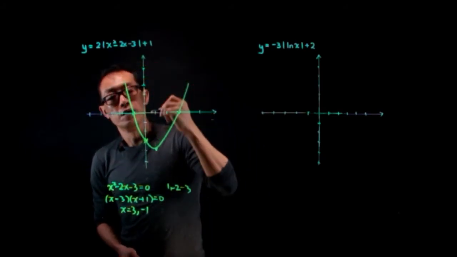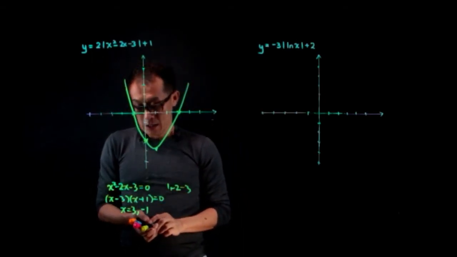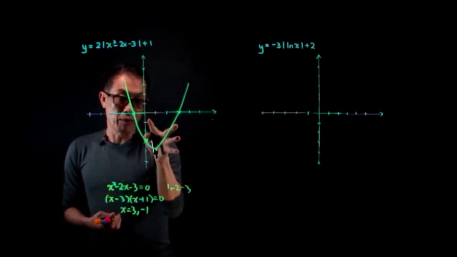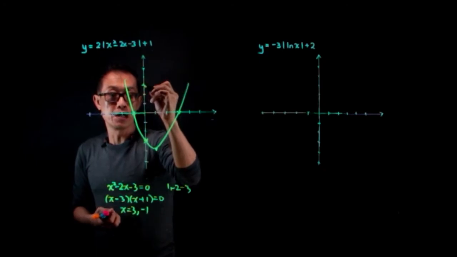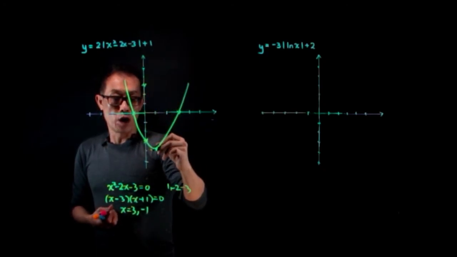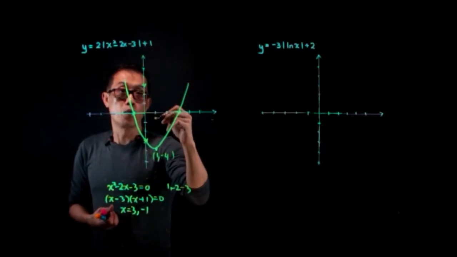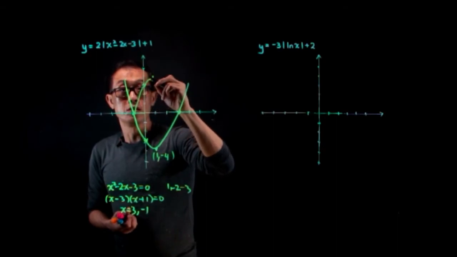Okay? Now let's draw the modulus of it. Now how do we draw the modulus of it? Now this negative portion will be reflected upwards. So this point will be here. 1, minus 4 will now become 1, 4, which is here. So this is your new graph.